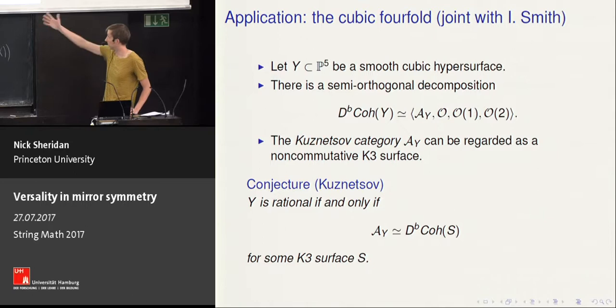And the reason it's particularly interesting is that there's a conjecture that says Y is rational if and only if it is actually equivalent to the derived category of some honest K3 surface, i.e. it's not non-commutative.